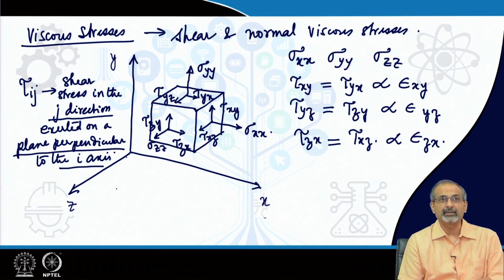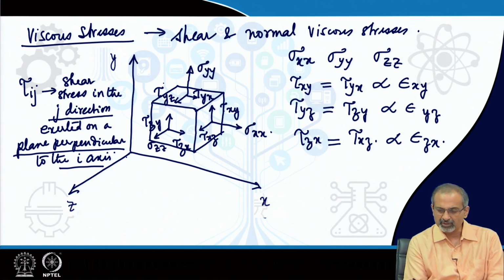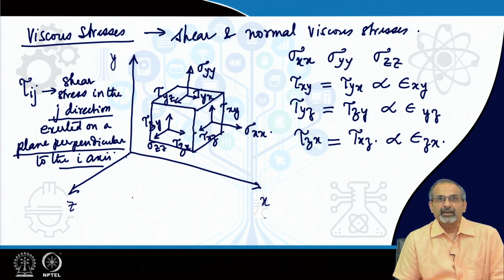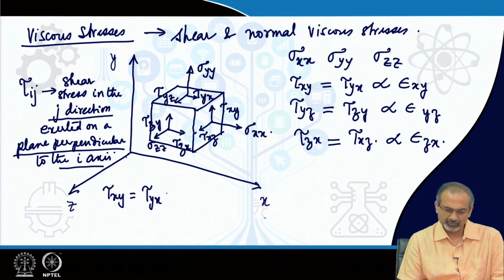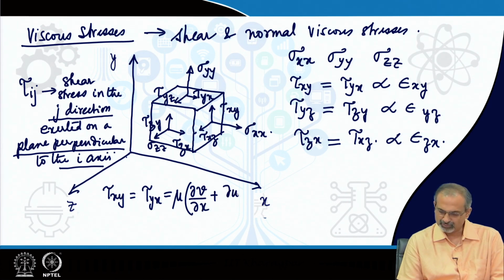So, looking at that definition, if you pick up any one of the shear stresses, let us say tau xz. Now, we were looking at these tau ij's. If you look at the expression for tau xy, for example, tau xy is equal to tau yx, and it is given as mu times del v del x plus del u del y.